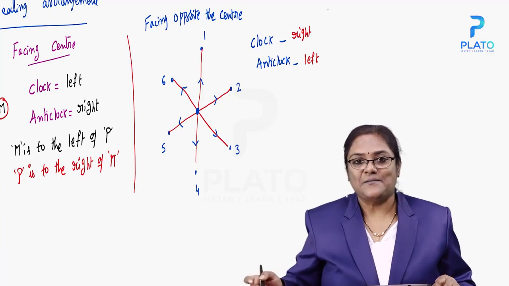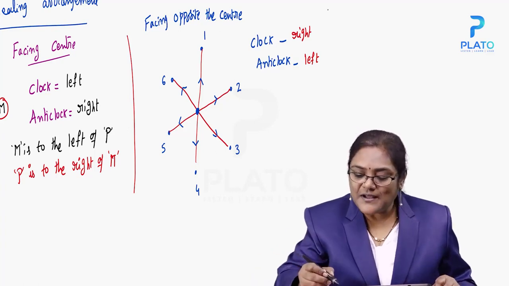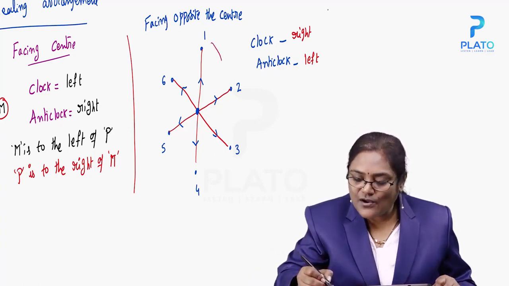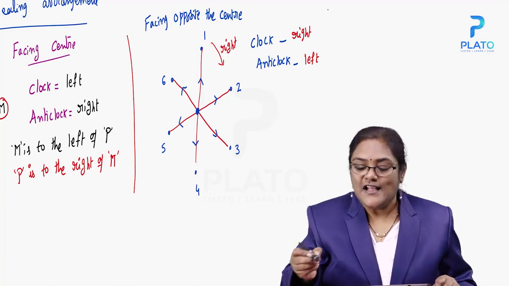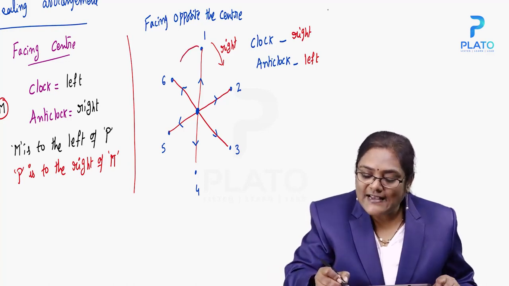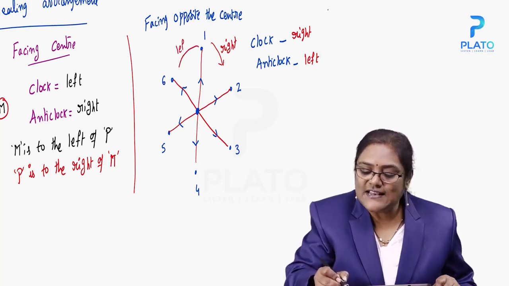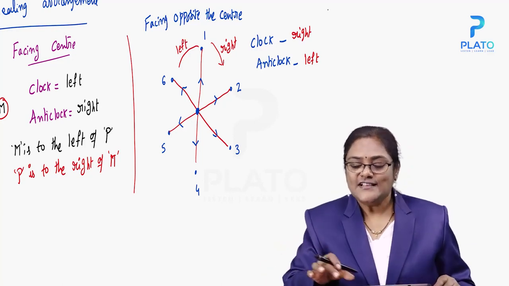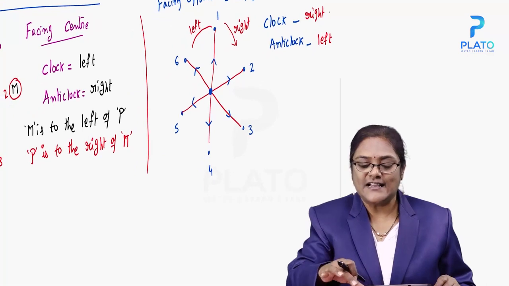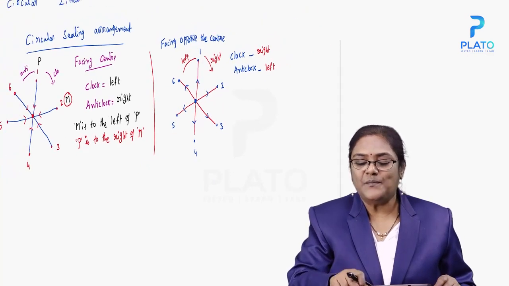So now look at from this point. Now friends, from this 1 to 2 is clockwise. So now this is right side. Now 1 to 6 is anti-clockwise. So now this is left side. So this is how you have to understand information in precise.